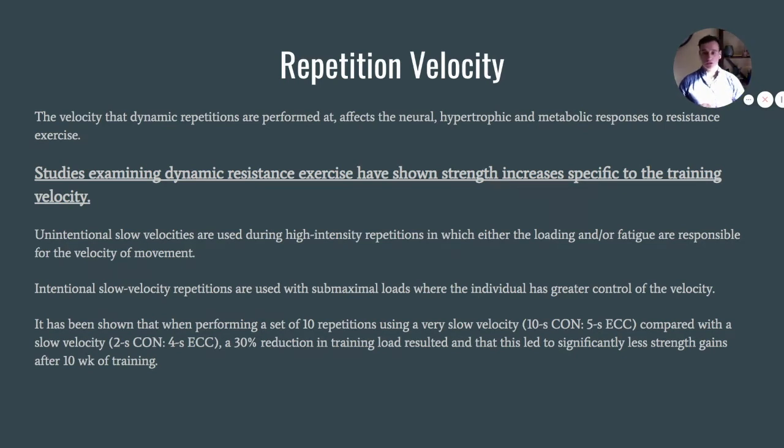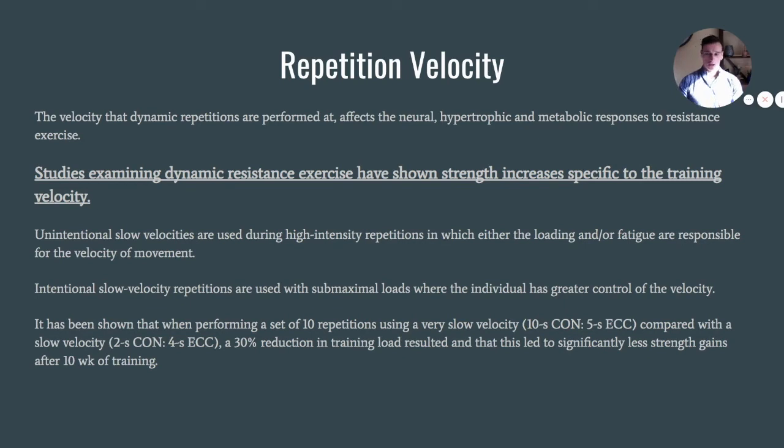It's been shown that when performing a set of 10 repetitions using a very slow velocity, so 10-second concentric, 5-second eccentric, compared with a slow velocity, so 2-second concentric, 4-second eccentric, a 30% reduction in training load resulted, which led to significantly less strength gains after 10 weeks of training.